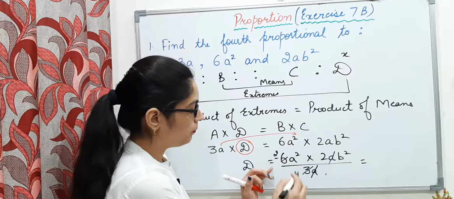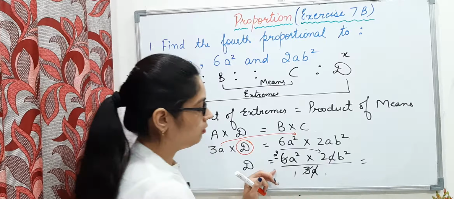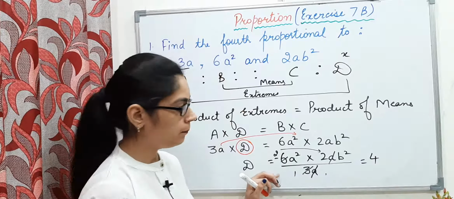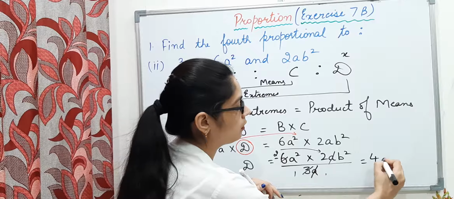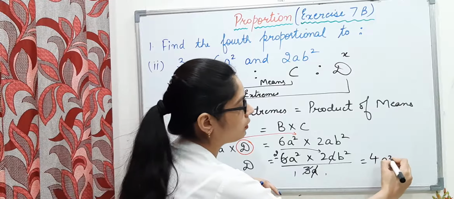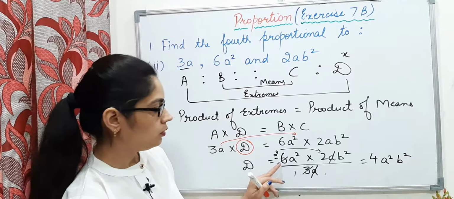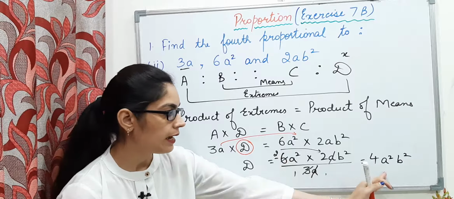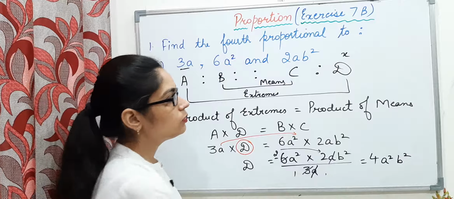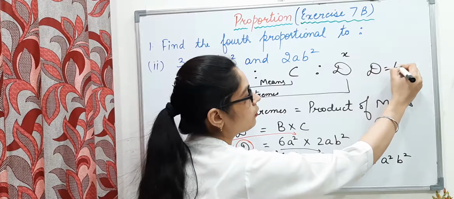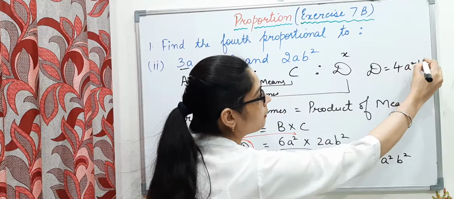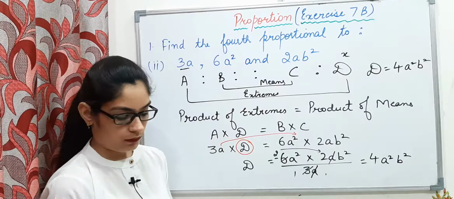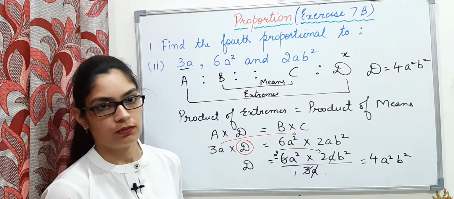Here it is 2, then 2 into 2, 4, numbers we can multiply, A square and B square. So 2 into 2, 4, all the variables as they are, we can write A square as it is and B square as it is. So the value of D is equal to 4A square B square. Now let's do the next question.